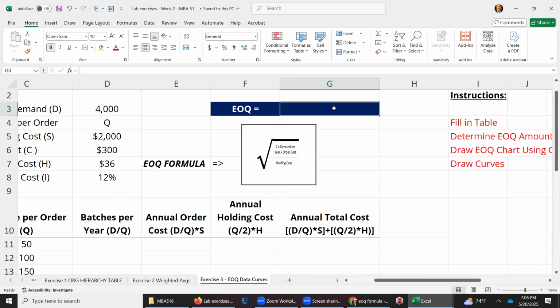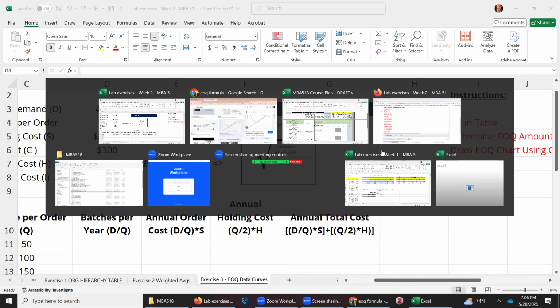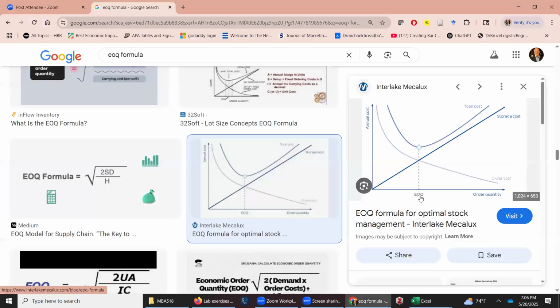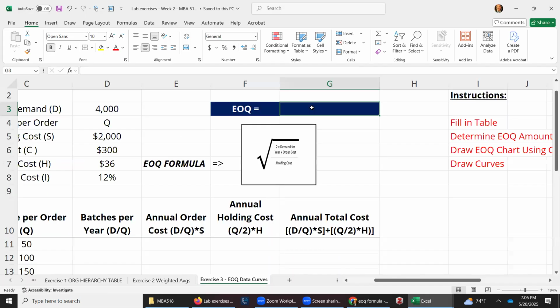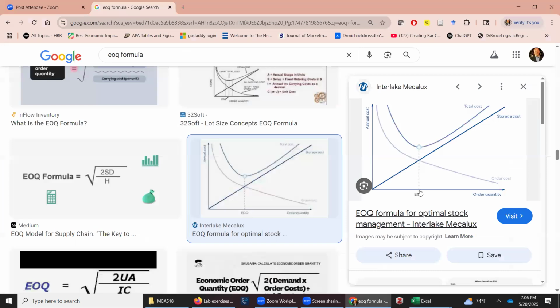That'll tell us what this number is, and that number will be this value right here. So when you calculate this EOQ number, whatever your answer is, that will correspond to this place on the chart.